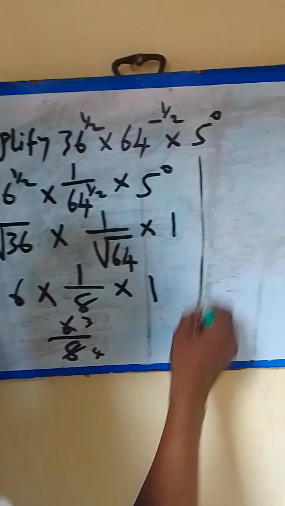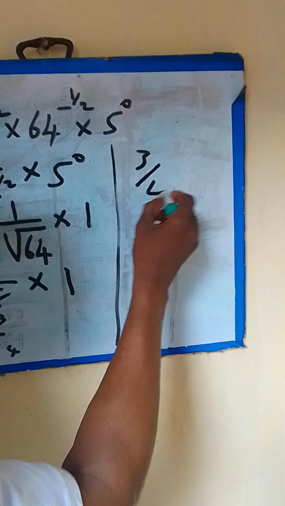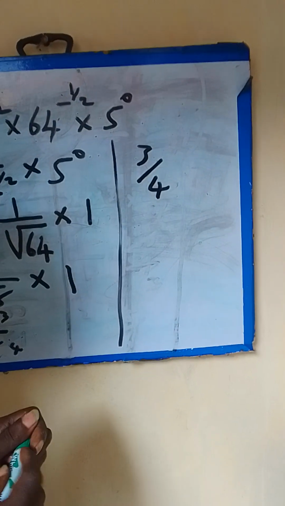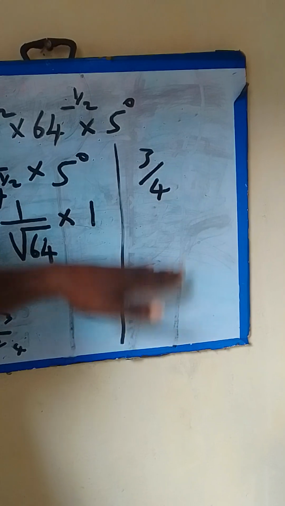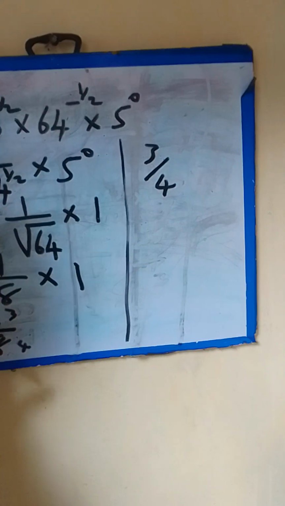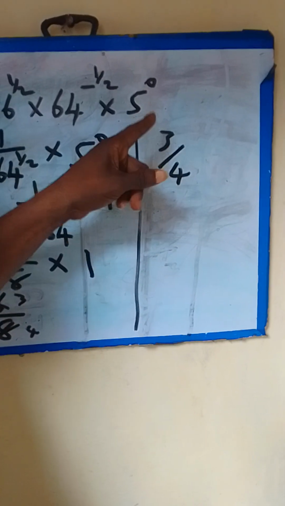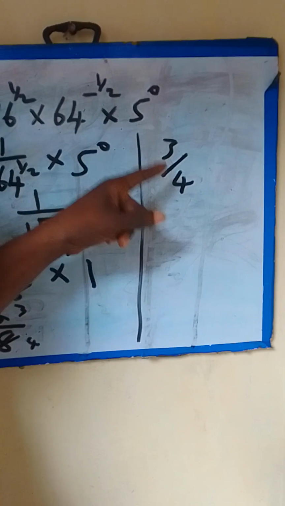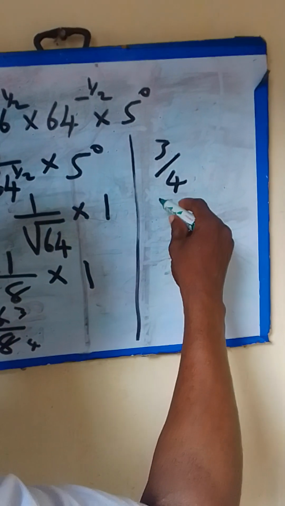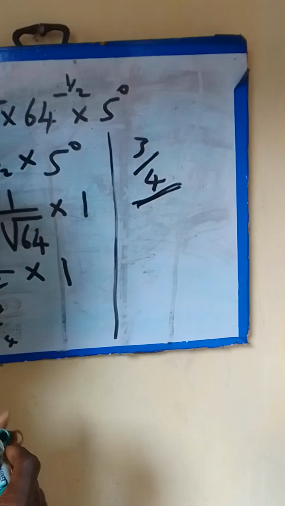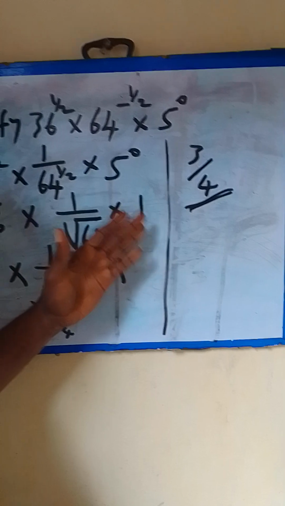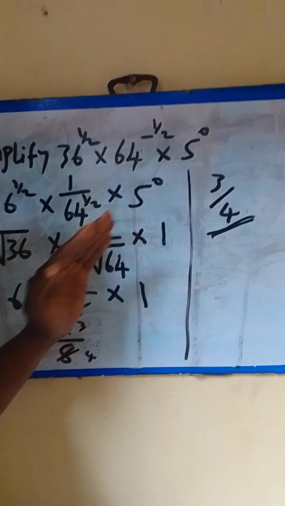So now we have 3 all over 4. This cannot be further reduced. We have reduced 6 all over 8 to the lowest term, which is 3 all over 4, and the numerator is smaller than the denominator. This stands as the answer in the first case. So you can see how simple this problem is. Now we are going to look at the second example.